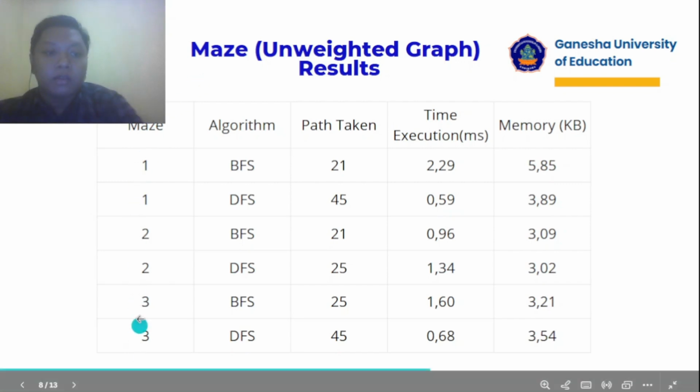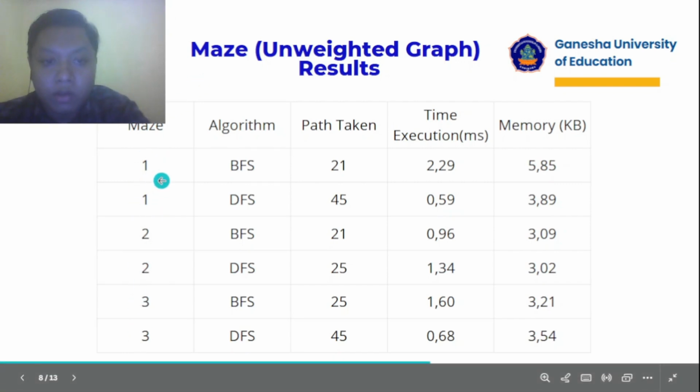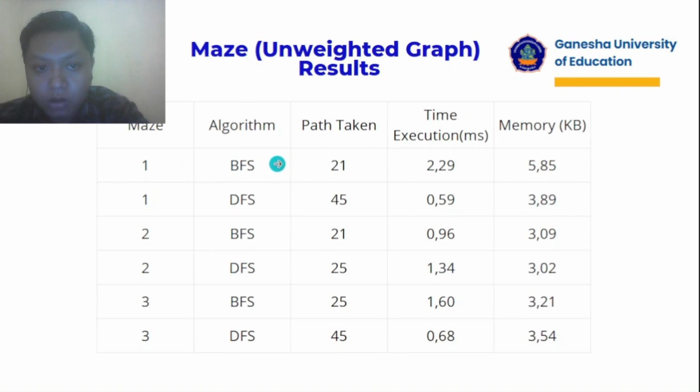For maze one, we can see that BFS takes a shorter path than the DFS. For the execution time, DFS is much faster than BFS, and DFS also has less memory consumption than BFS.